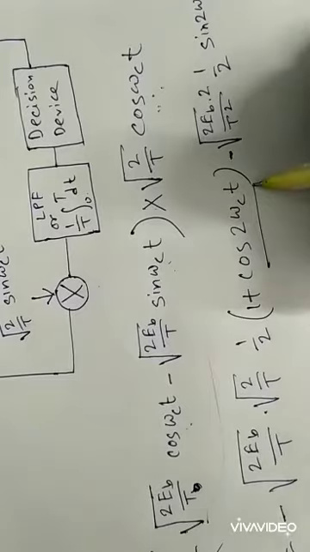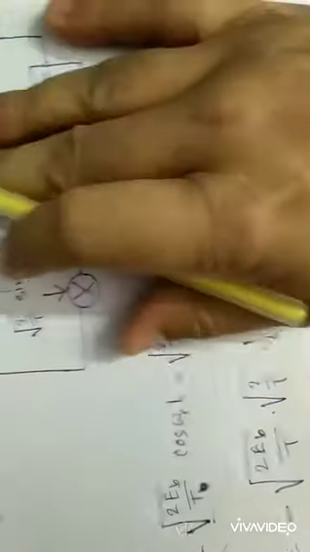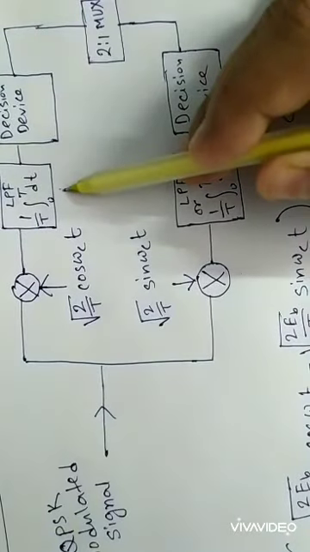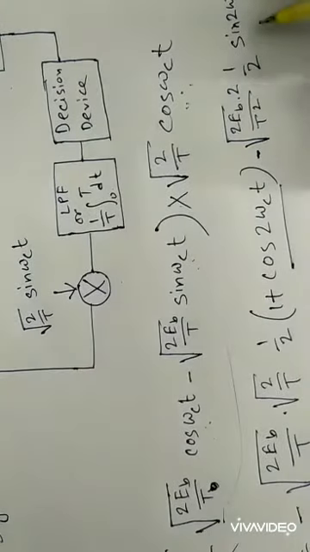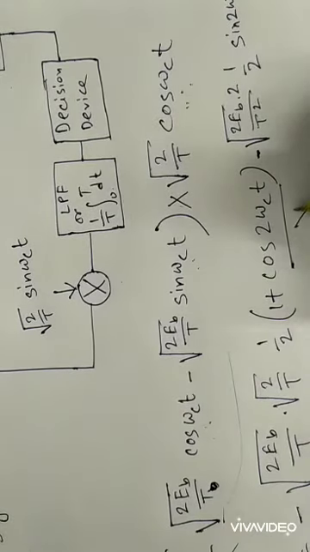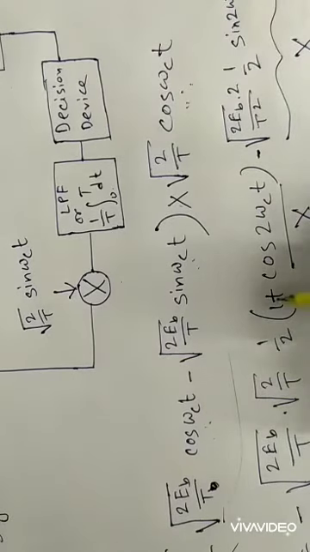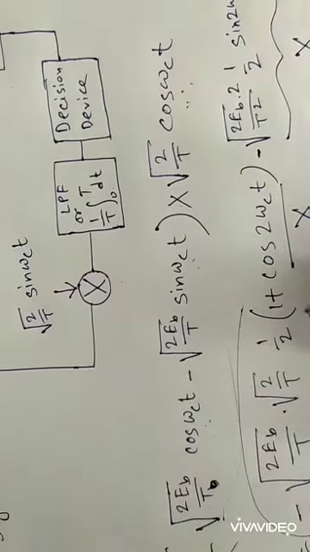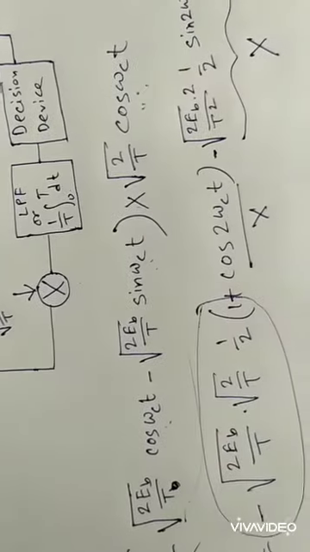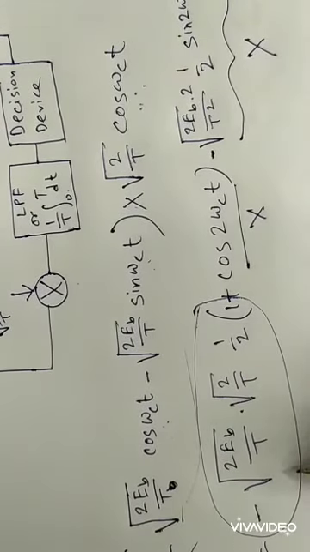Now this part has high frequency because we choose the low pass filter with a cutoff frequency of omega c, and this part has a frequency of 2 omega c. So after the low pass filter we do not get these signals, and only this part is left, which has a negative sign.